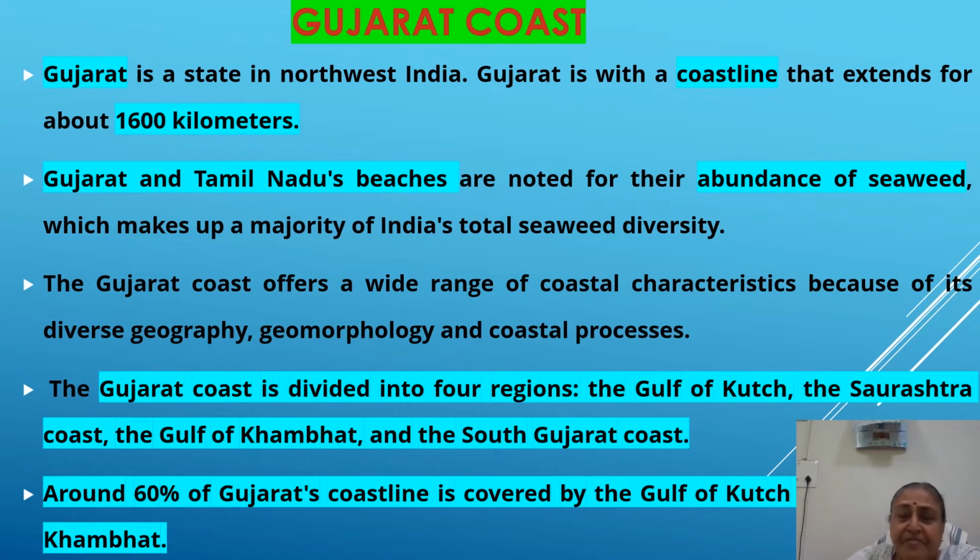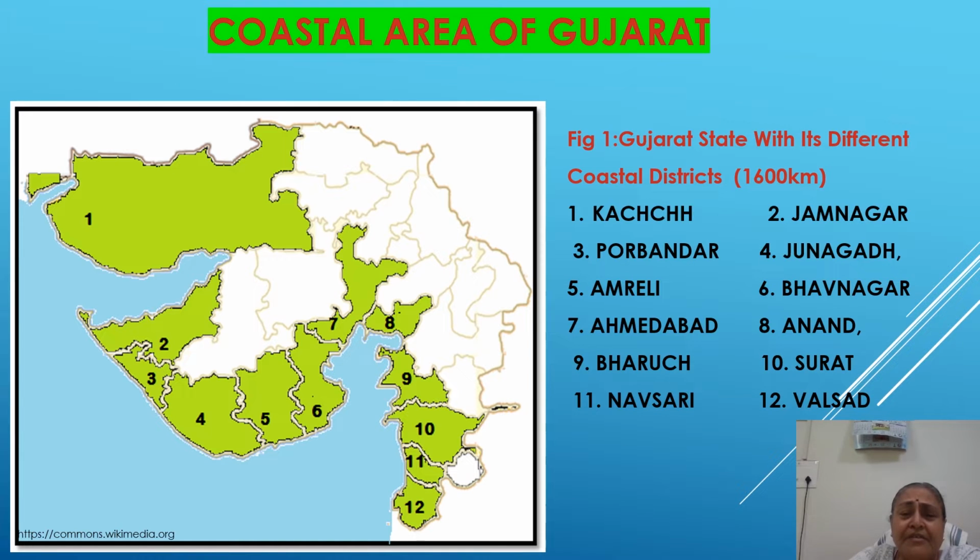So there are 12 different districts which cover the coastal area of Gujarat and the 1600 kilometers of our state.